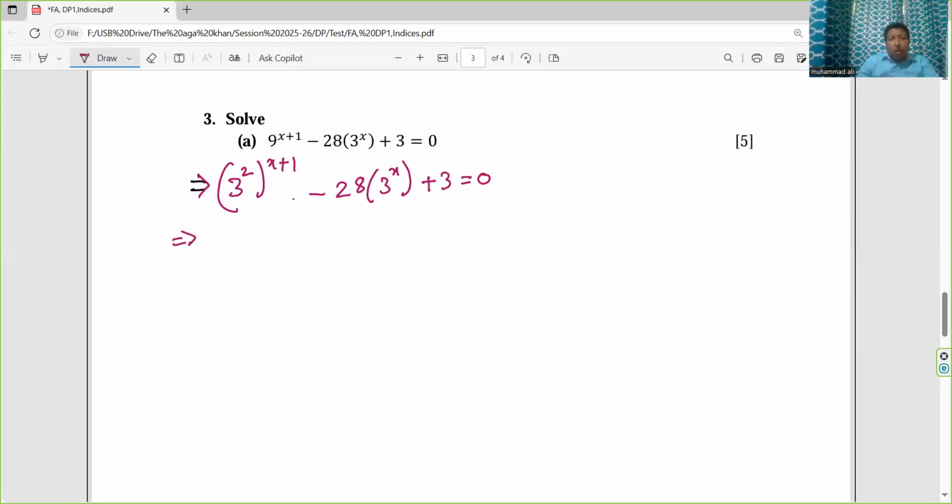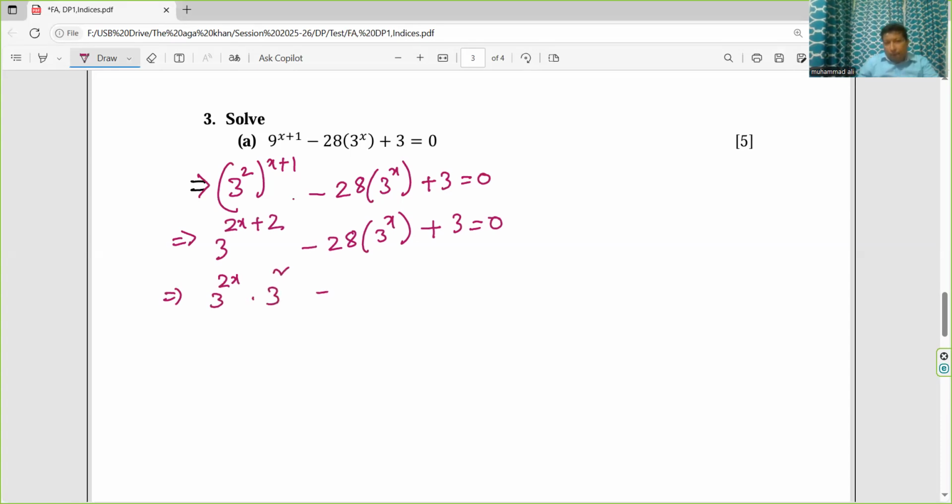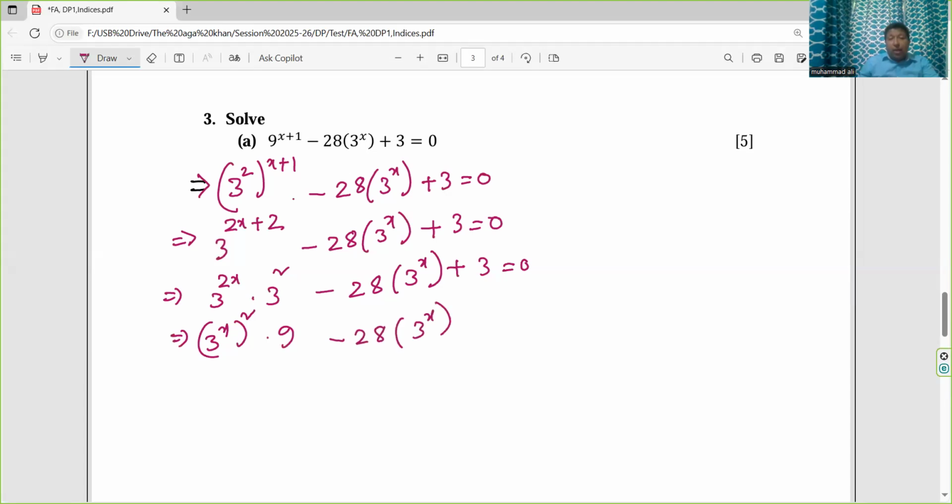Now this power will multiply, you will get 3 to the power 2x plus 2, minus 28 to the power x, plus 3 equals 0. So we can write here 3 to the power 2x into 3 square, minus 28 to the power x, plus 3 equals 0. Now it will be 3 to the power x whole square, 3 square means 9, minus 28 to the power x, plus 3 equals 0.